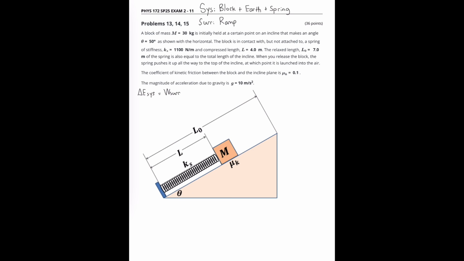Now, before I do that, I will draw a quick free body diagram of the forces that are present in our system. So we have force of gravity acting downward from block m. We have our spring force acting to the right.